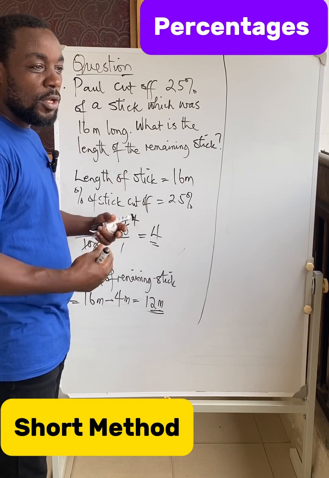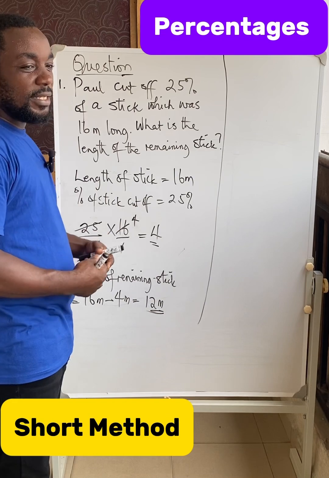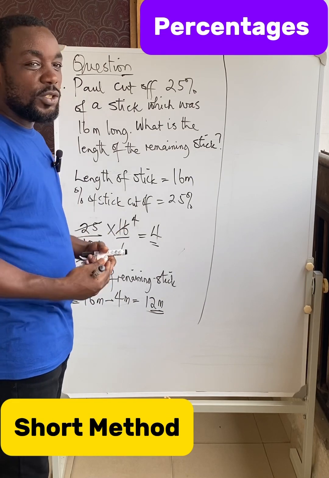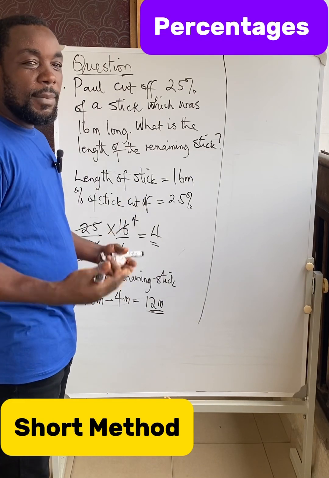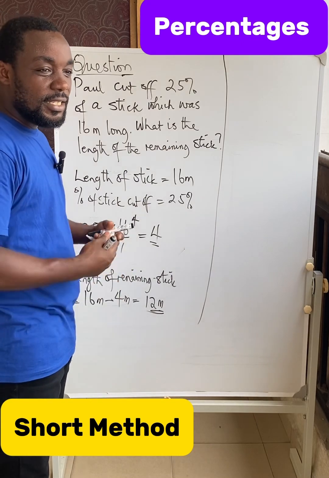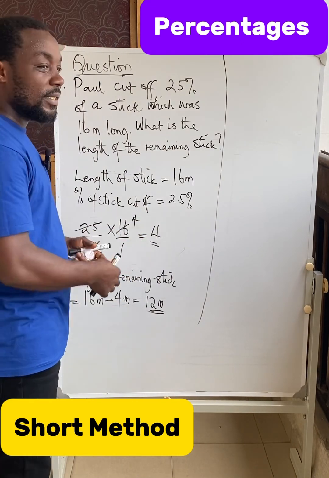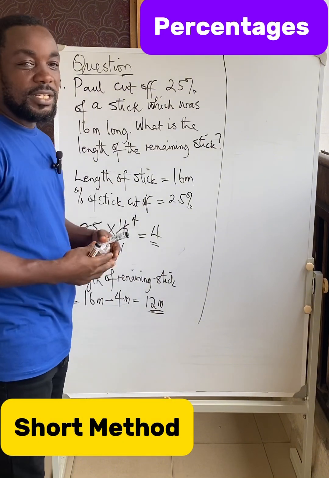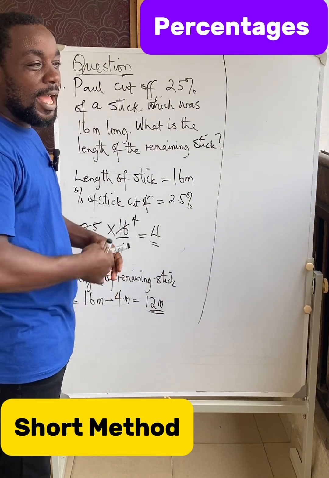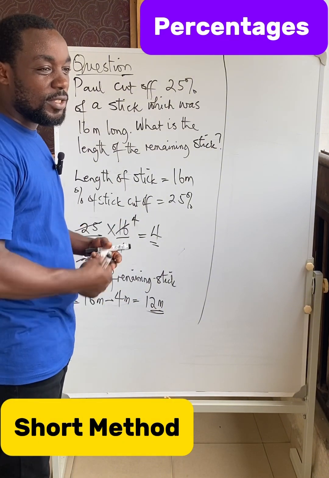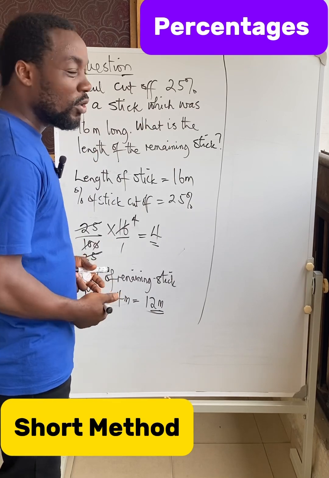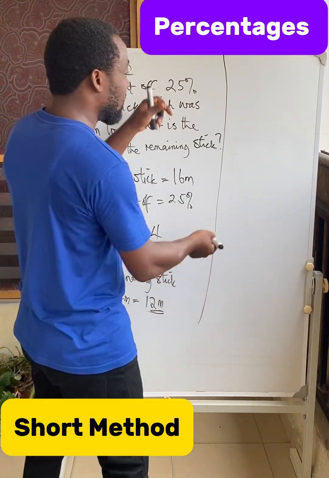Percentage sums up to 100. So if 25% is cut off, it means what is remaining is 100% minus 25%, and that is 75%. So I don't have to calculate the length of stick cut off, subtract it from the original length before I get my answer. I just do that subtraction first with 100. And so 100 minus 25, I have 75.